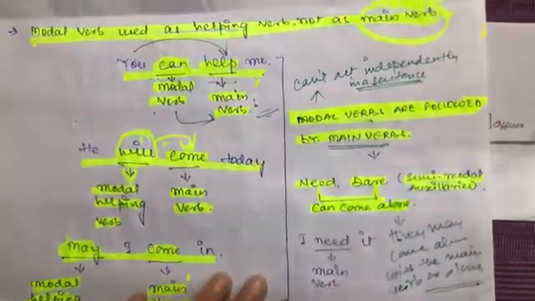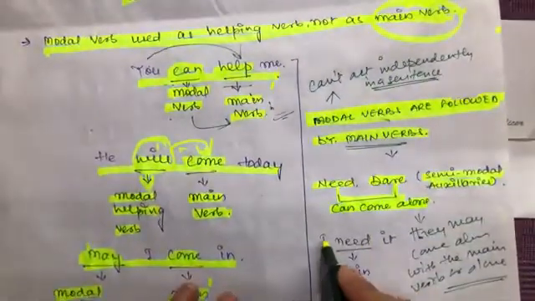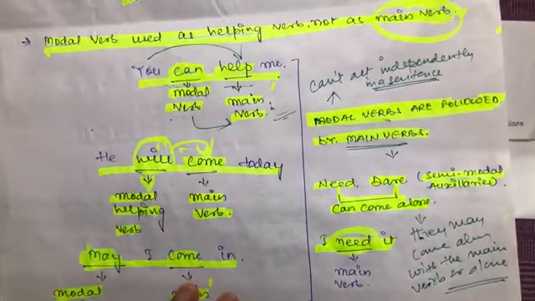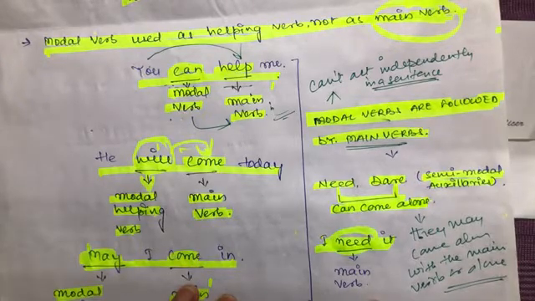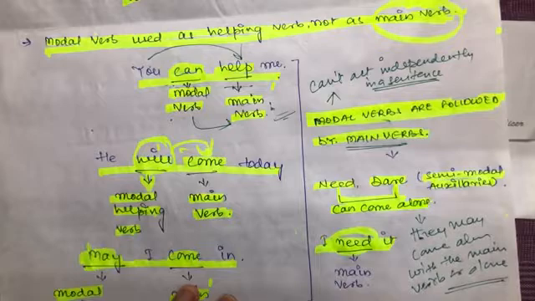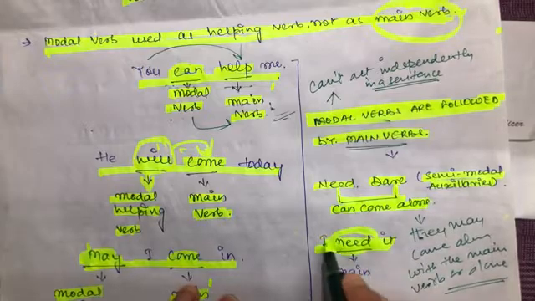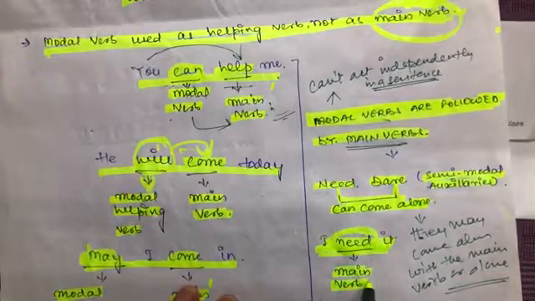Suppose I take up an example here: I need it. Here need acts as a main verb. Dare not. So dare here acts as a main verb. Here in I need it, need itself acts as a main verb.